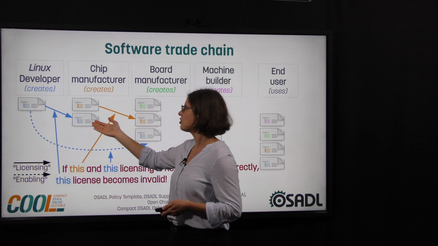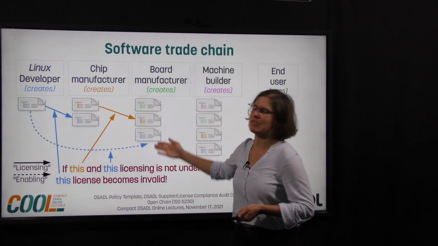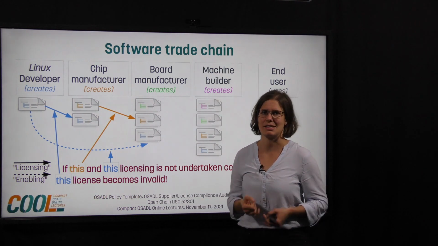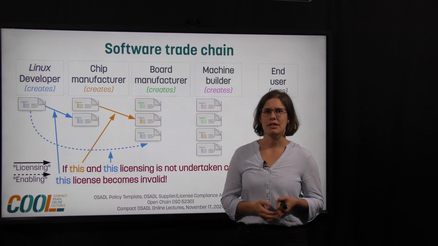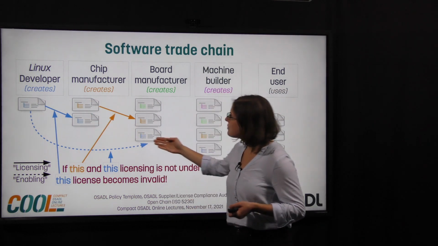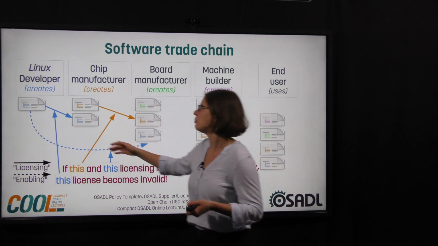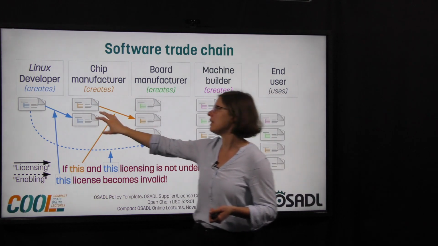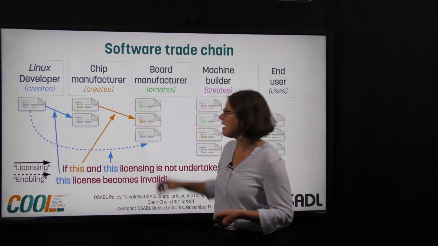The chip manufacturer enables the board manufacturer to receive a license directly from the Linux developer, and that's why it's so important, for example, to deliver the license texts along, to deliver copyright notices, and the warranty disclaimer in particular. So the chip manufacturer gives the board manufacturer the software and all the information required so that the board manufacturer can then again get a license for this part from the original creator. So we call this licensing, and we call this enabling.